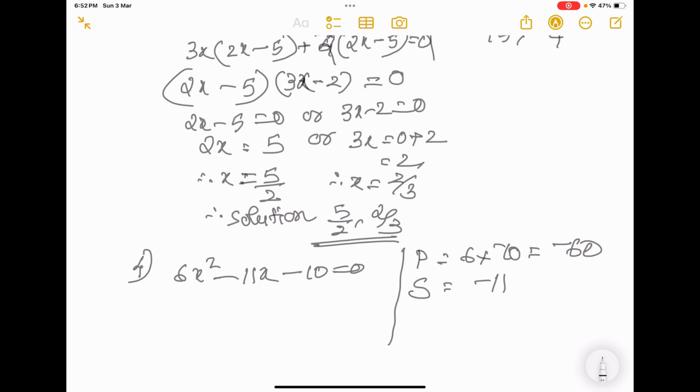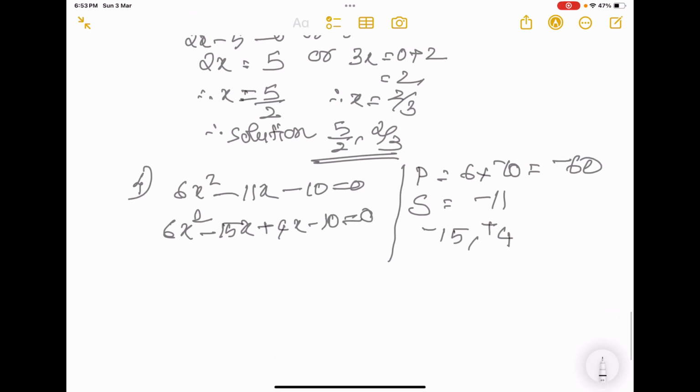So here product 60, difference 11. Then again we know that 15 comma 4. In that larger is negative, smaller is positive. Then here you write splitting the middle term, 6x square minus 15x plus 4x minus 10 equal to 0.